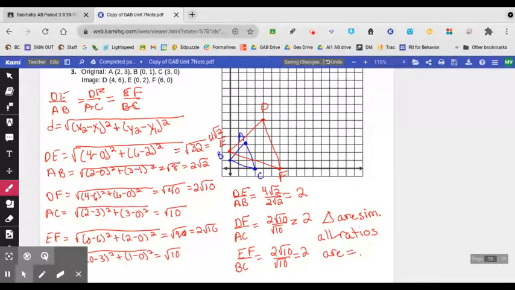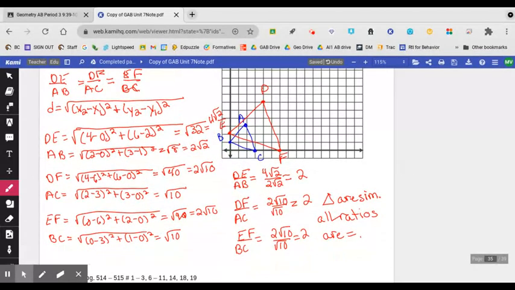So you can see that I found the distance of every side. DE was 4 radical 2, AB was 2 radical 2, DF is 2 radical 10, AC is radical 10, EF is 2 radical 10, and BC is radical 10. I showed all my work.